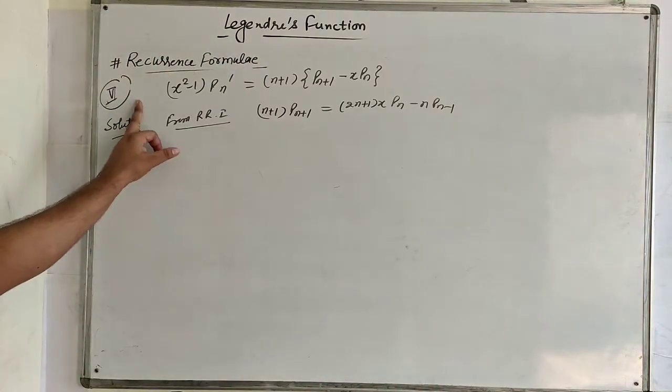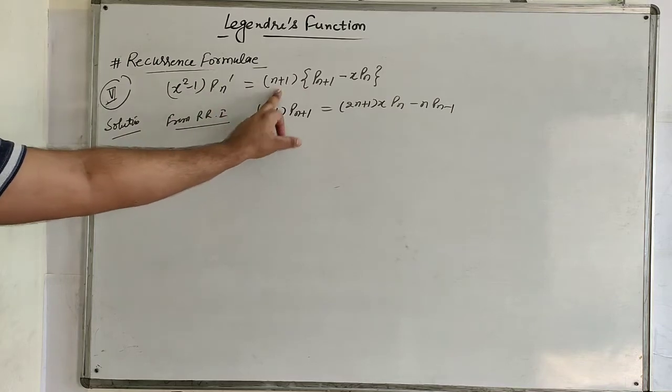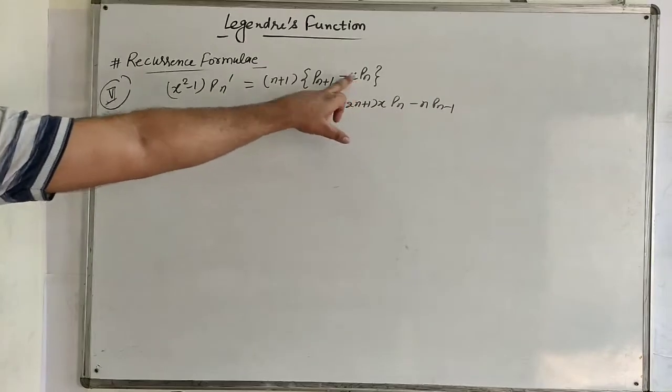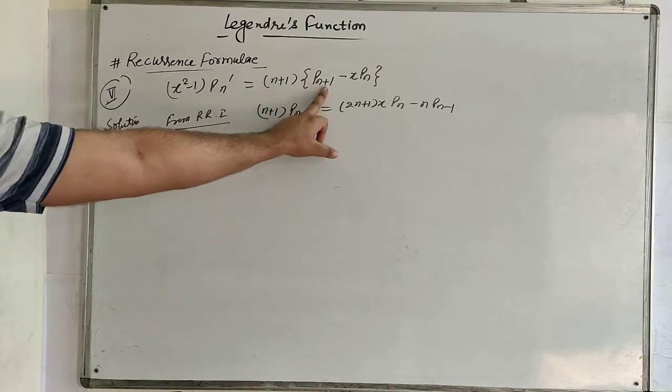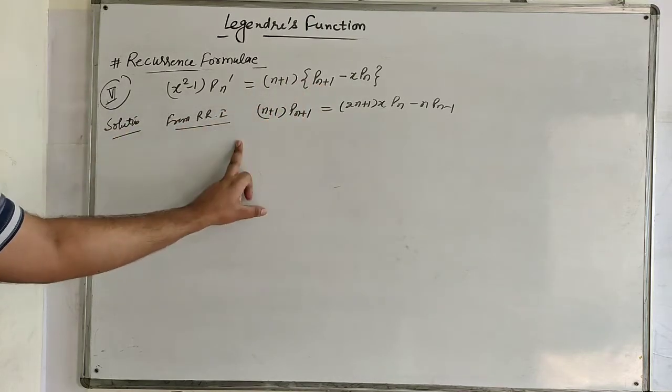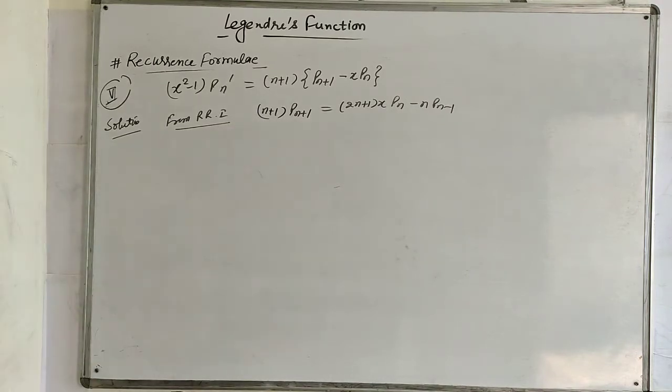So the last Lagrange relation is (x square minus 1) Pn' is equal to n plus 1 times (Pn+1 minus x Pn). So from Lagrange relation first, because here (n plus 1) Pn+1 is contained. So from Lagrange relation first, (n plus 1) Pn+1 is equal to (2n plus 1) x Pn minus n Pn-1.